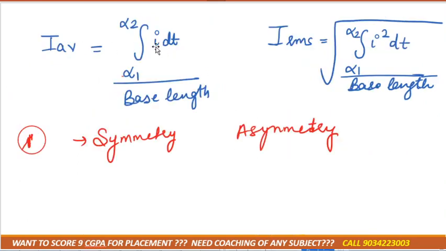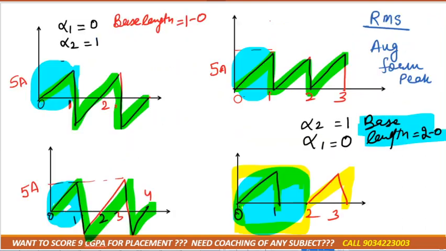Understood? Now we should know I is the current, right? So how can we get I? As you know, tan theta is perpendicular over base, correct?